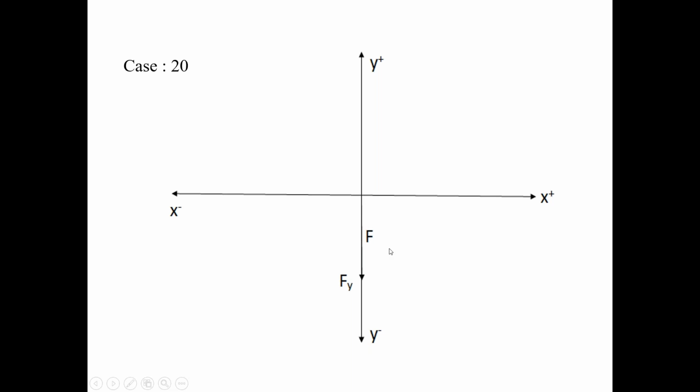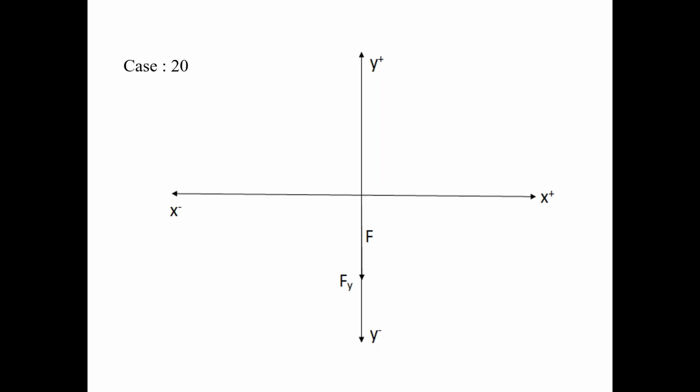So in this condition, the x-axis projection Fx is 0. The y-axis projection Fy is equal to F, but that y-axis projection is the negative projection because the direction of force F is towards the negative y-axis.